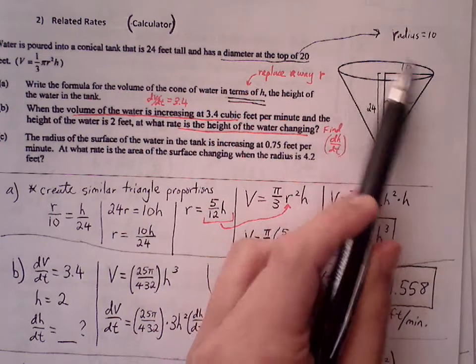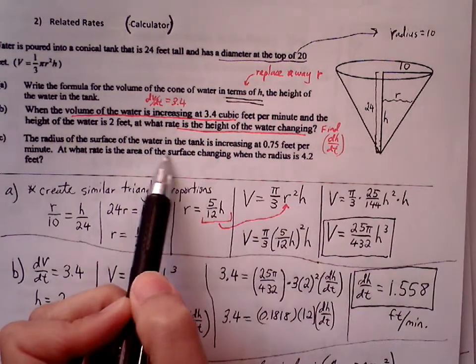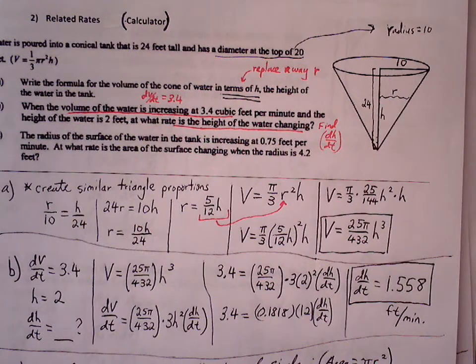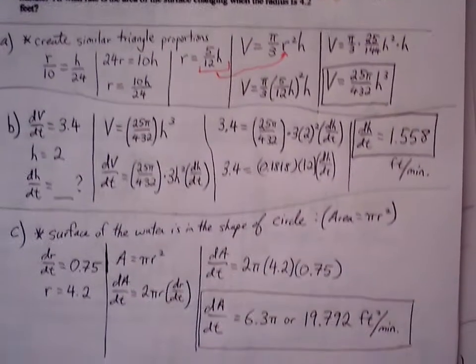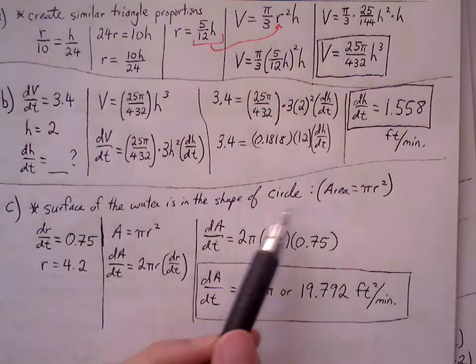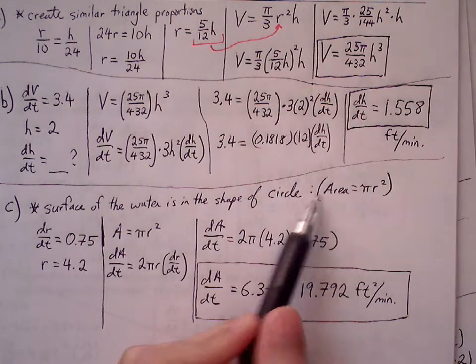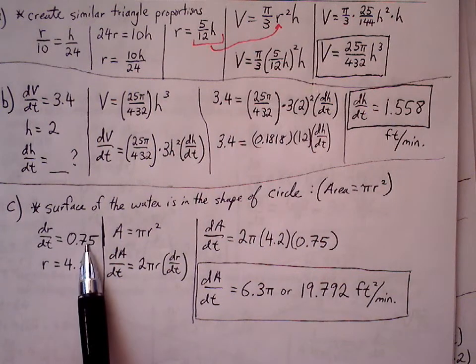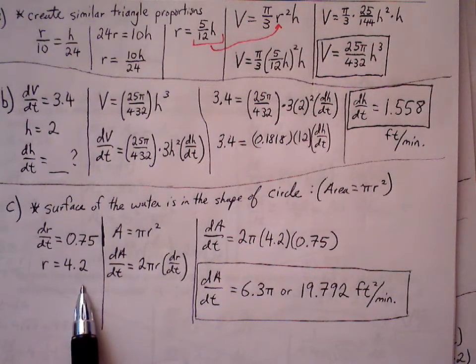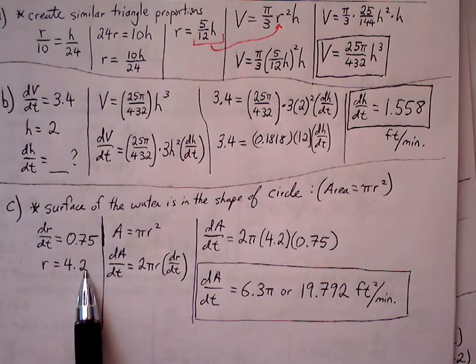So we're looking for dA dt of that circle when the radius is 4.2 feet. Let's gather the information. A equals pi r squared. dr dt is 0.75, the rate of change of the radius increasing. R is 4.2 at that moment in time.